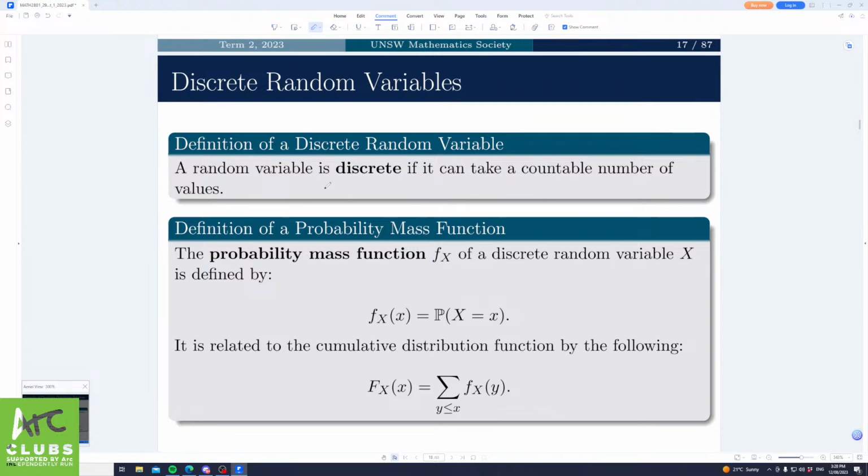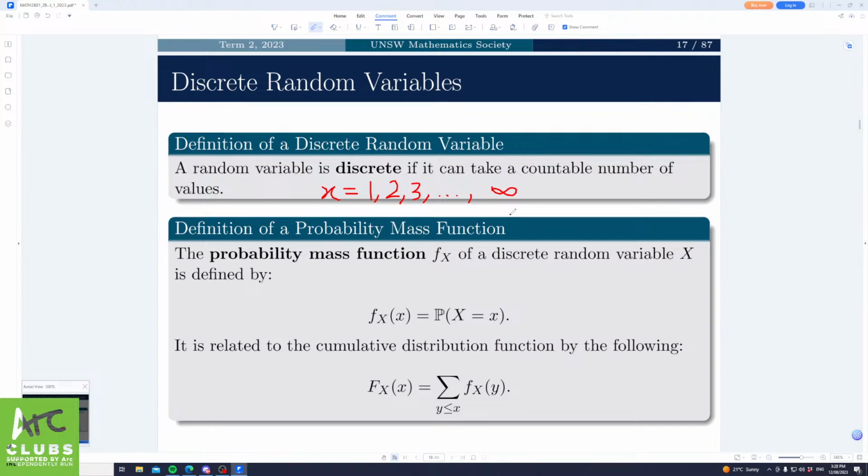But a lot of students make this common mistake. If your random variable can take the values 1, 2, 3, and so on, all the way up to infinity, so there is no upper bound to the value it can take, a lot of students say that this is actually a continuous random variable because there are infinite outcomes it can take.